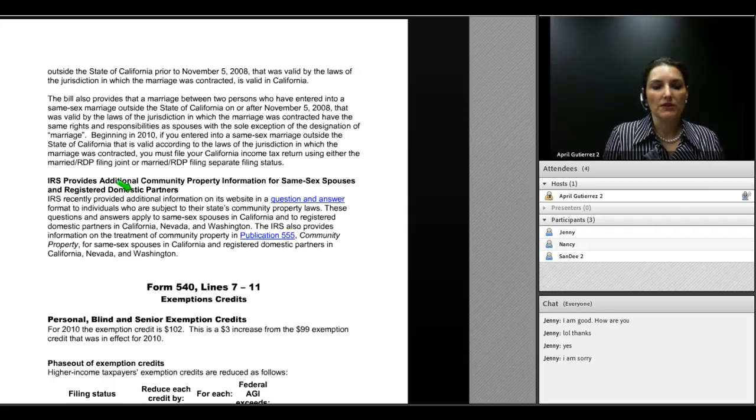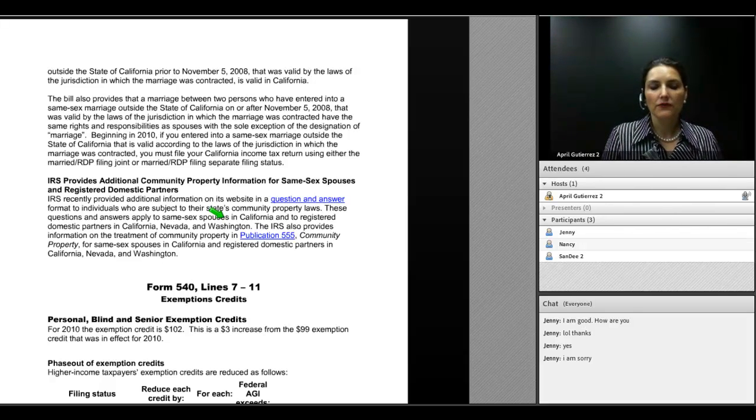Now, registered domestic partnerships are currently recognized in a number of states, but we're only concerned about community property law in those states that have community property law. So currently, states that have community property law and also have registered domestic partnership laws in place include California, Nevada, and Washington. So if you are in a registered domestic partnership in California, community property law applies to you.